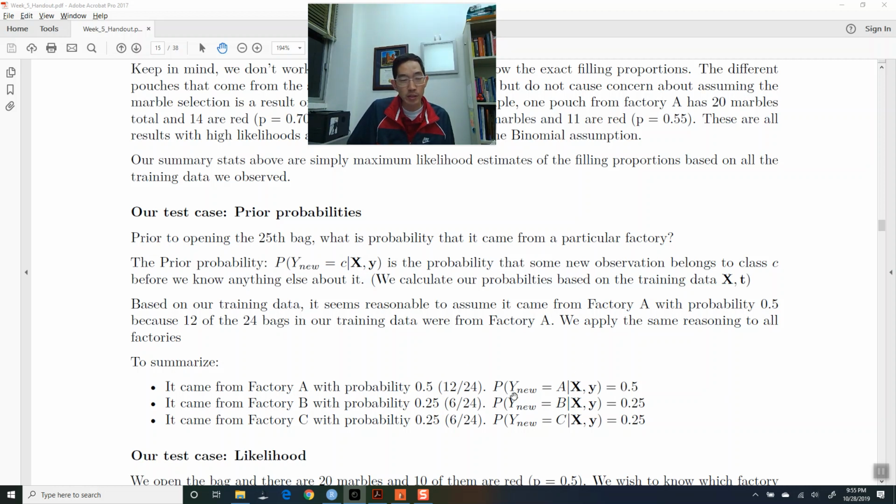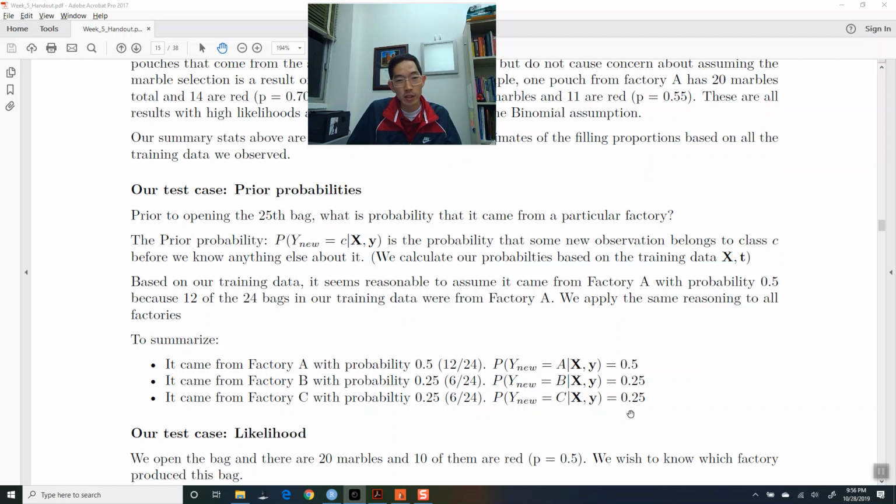A quarter of our pouches came from factory B, so prior to looking at anything in the data, the probability that it's B is 0.25. And a quarter came from factory C, so the probability for factory C is 0.25. These are our prior probabilities.